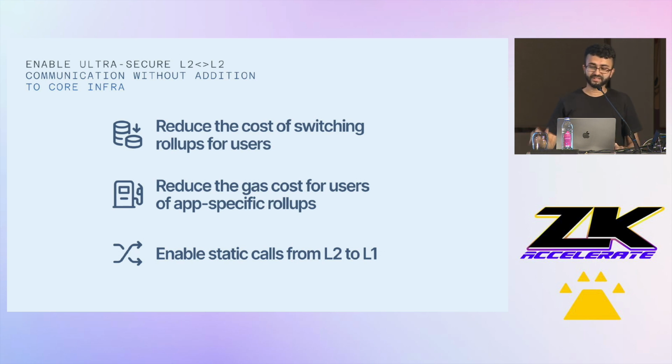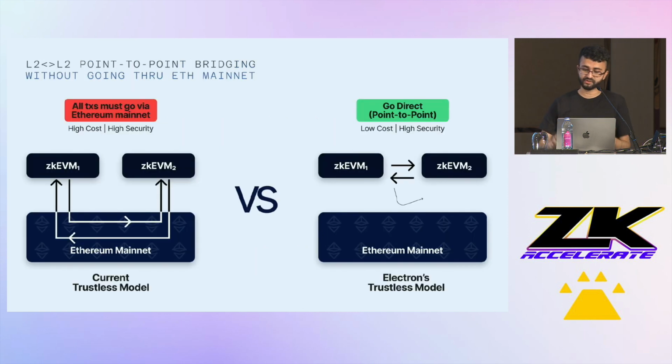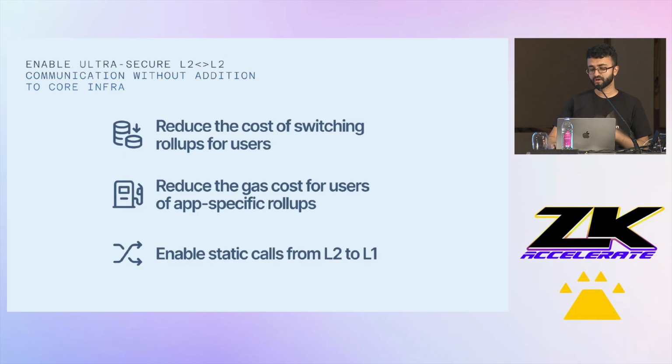This model reduces the cost of switching rollups and enables app-specific rollups to exist, because you don't have to do a mainnet transaction anymore. You can simply switch to a rollup at L2 cost, making it really cheap to switch rollups.